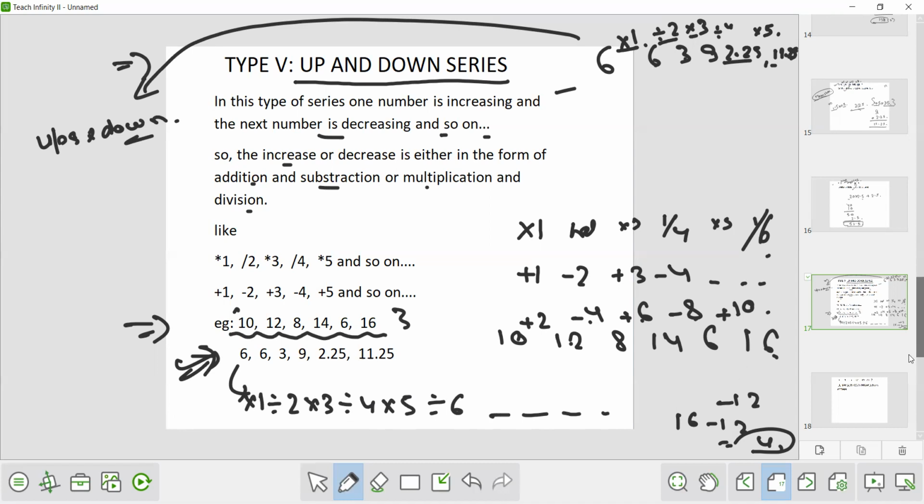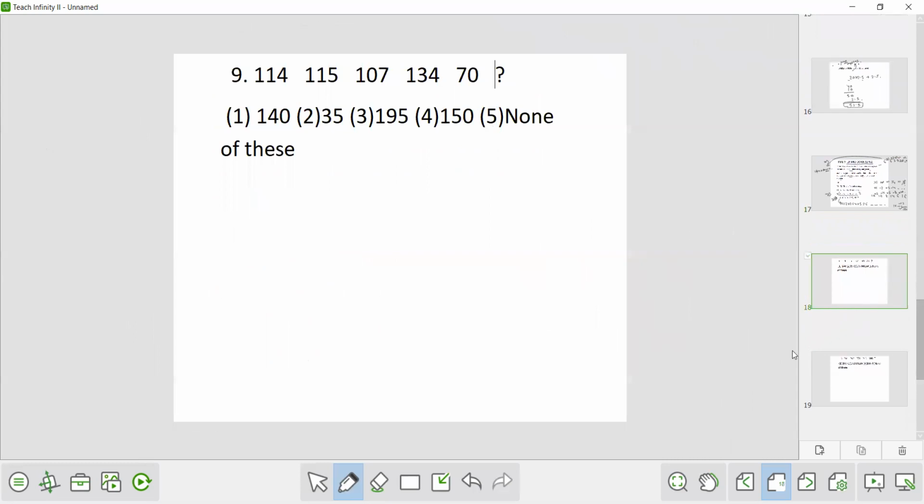Now look at the question, how the question comes in the examination on ups and down series. Here we see that 114 to 115 is increasing, then 115 to 107 decreasing, then 107 to 134 increasing, then decreasing. So either something will be getting multiplied or divided, or something will be getting added or subtracted.